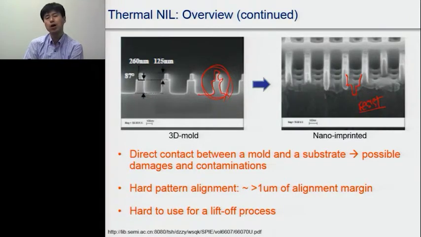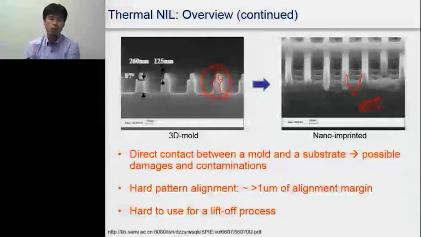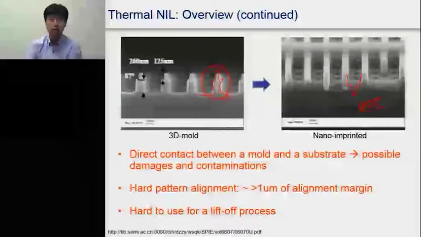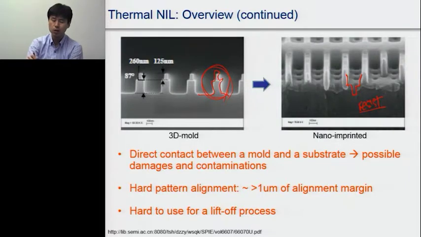You may remember when we discussed contact lithography in optical lithography, one of the biggest drawbacks was that the mask always must contact the photoresist, so we worried about contamination or damage on the photomask. The case of thermal nano-imprinting is much worse than contact optical lithography, because in contact optical lithography, the mask just touches the resist-coated substrate.